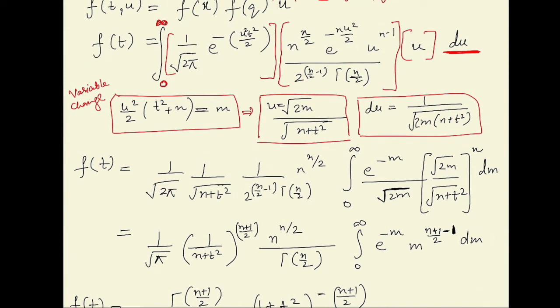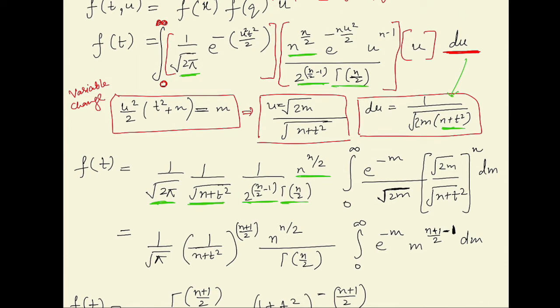So now it gets a bit messy, but what we do is bring out all the terms which are not dependent on our new integration variable m. So we bring out root 2 pi from this term of du. We bring out root of n plus t square. We bring out 2 raised to n by 2 minus 1. We bring out gamma n by 2. We bring out n raised to n by 2. Then we integrate from 0 to infinity.